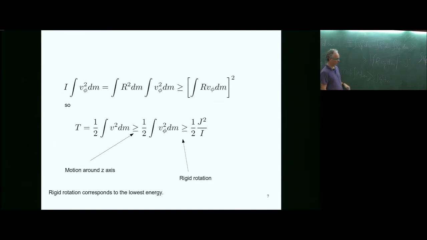So we assume here this becomes equality when all the bodies move around one axis. And now we have this: this is greater than or equal to 1/2 J squared over I.